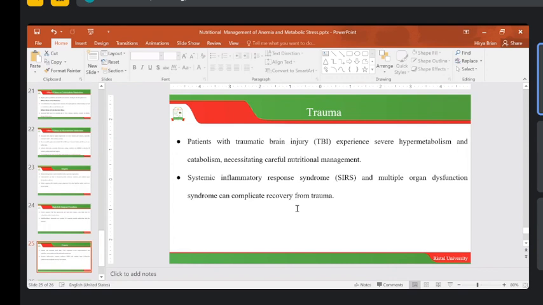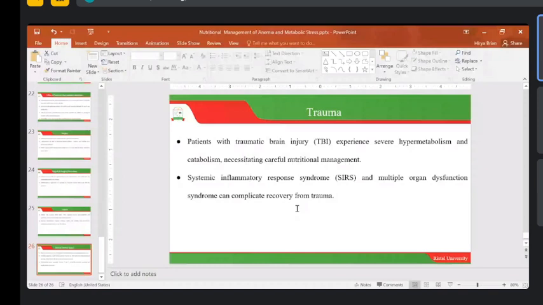And catabolism necessitates careful nutrition requirements. Issues with a systemic inflammatory response syndrome, which we call SIRS, and multiple organ dysfunction syndrome can complicate recovery from the trauma of the patients that we are trying to work on in our health setting.